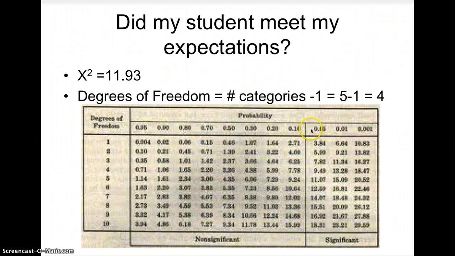If we go to our key probability over here at 0.05, and we go down 4 degrees of freedom, we find that our critical value is 9.49. We calculated 11.93. Our critical value is 9.49. So our chi-squared value is larger than our critical value. What does that tell you about the data? Did the students meet my expectations?